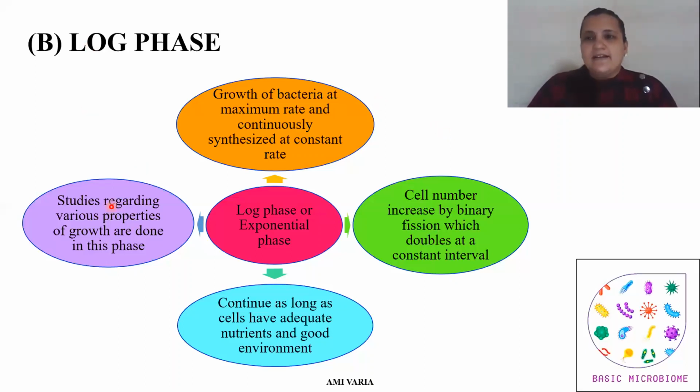Because of that, the cellular activity becomes lower and cell division becomes less. These are all about the log phase. In short, in the log phase, the cell numbers increase rapidly and the metabolic and respiratory activity of the bacteria are higher.